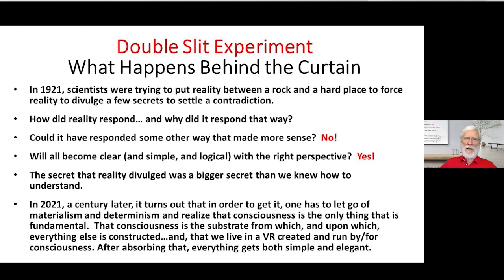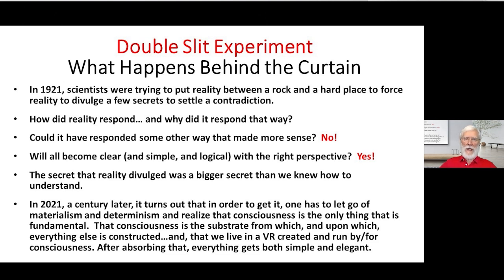Although quantum mechanics wasn't created in a day, it covers several decades, from around 1910 probably to 1930. But in any case, in 1921, scientists were trying to put reality between a rock and a hard place, to force reality to divulge a few secrets to settle a contradiction.